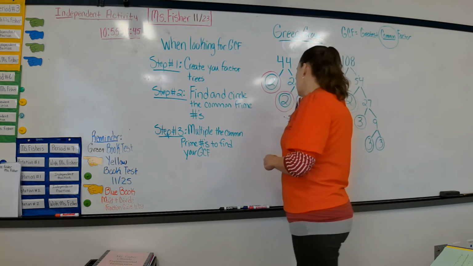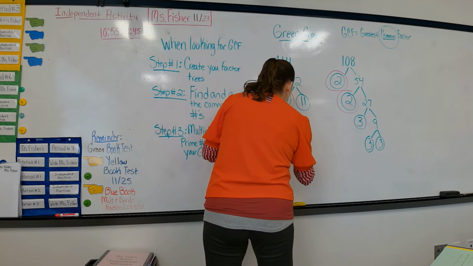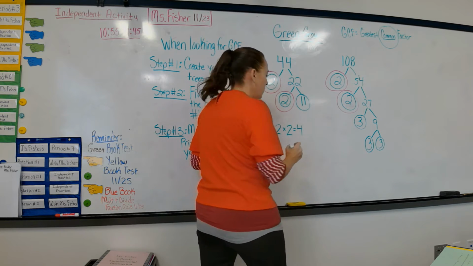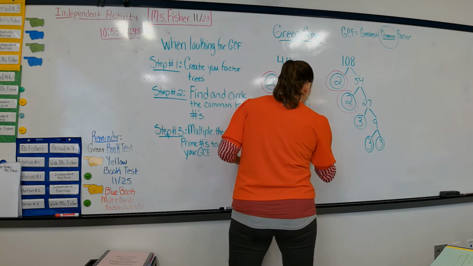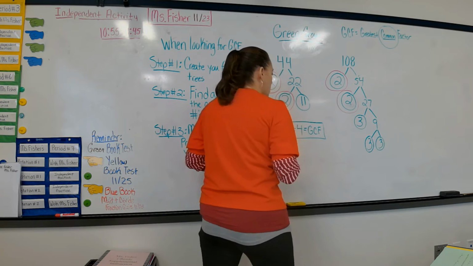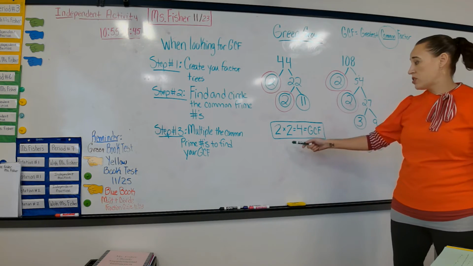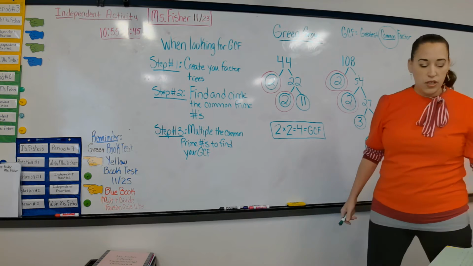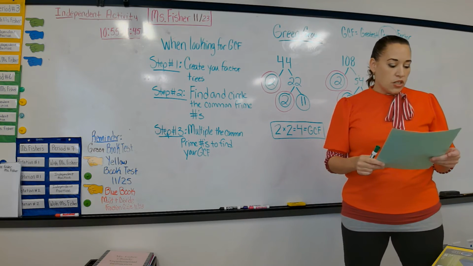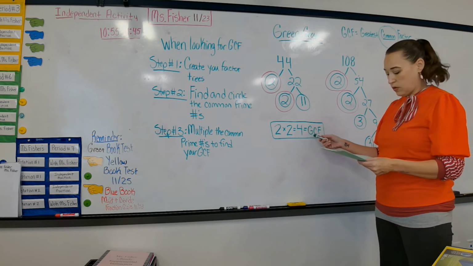So I'm going to say 2 times 2 equals 4, okay? 4 equals your GCF, final answer. On your test on Wednesday, that is everything that you're being asked to do. You have to show all of that, because the directions say find the greatest common factor, which is 4, okay?